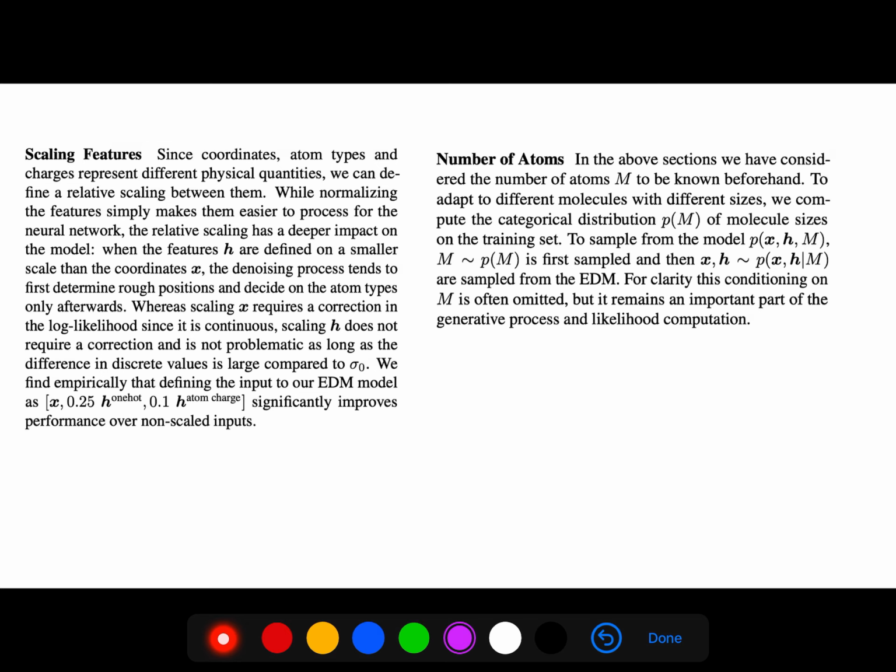When the features are defined on a smaller scale than the coordinates, the denoising process tends to first determine rough positions and decide on the atom types only afterwards. Whereas scaling X requires a correction in the log likelihood since it is continuous. Scaling H does not require a correction and is not problematic as long as the difference in discrete values is large compared to sigma 0.